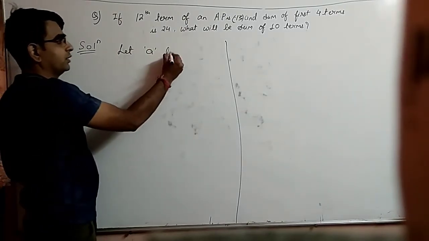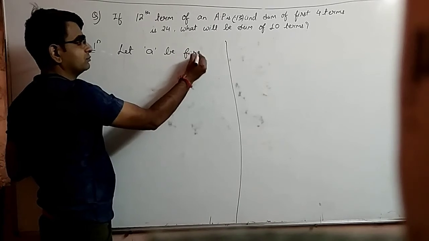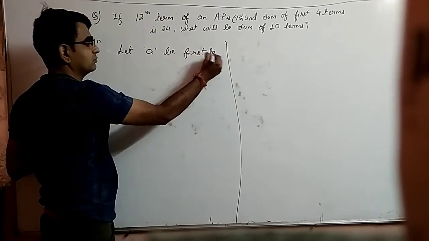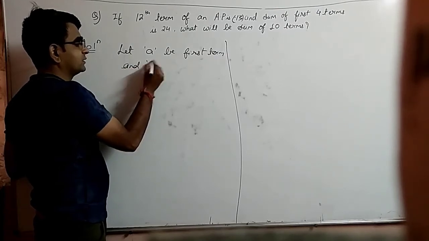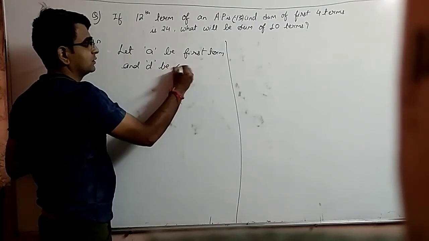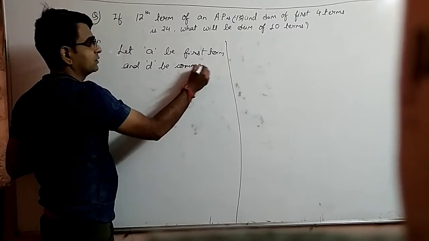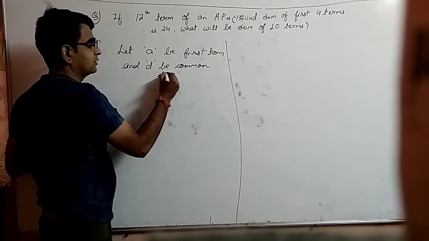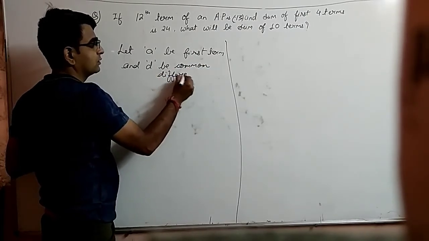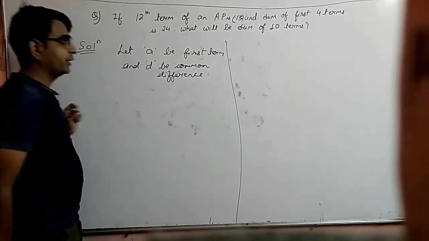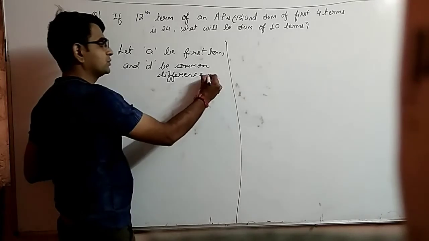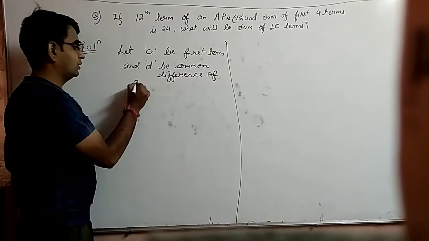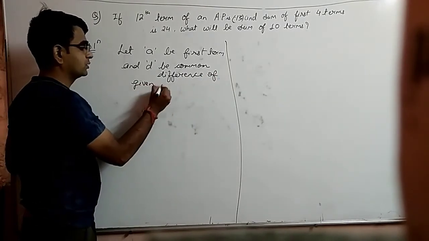Let a be the first term and d be the common difference. What I have assumed is that a is the first term and d is the common difference of the given arithmetic progression.